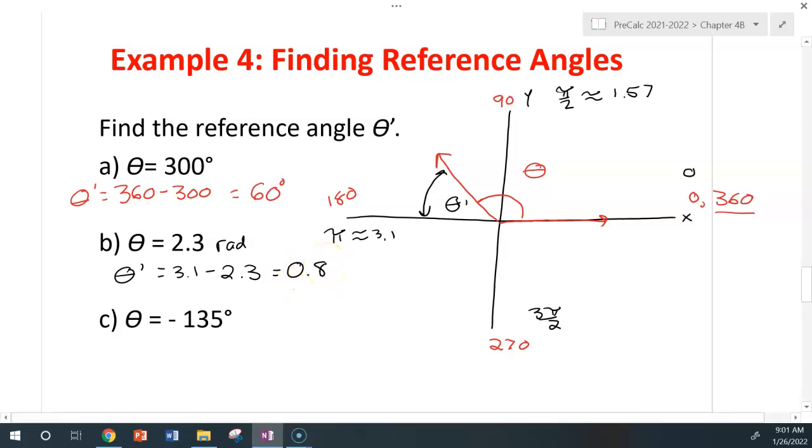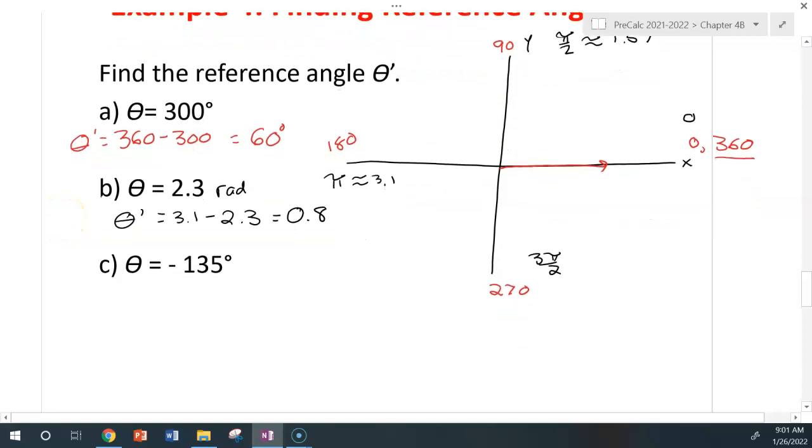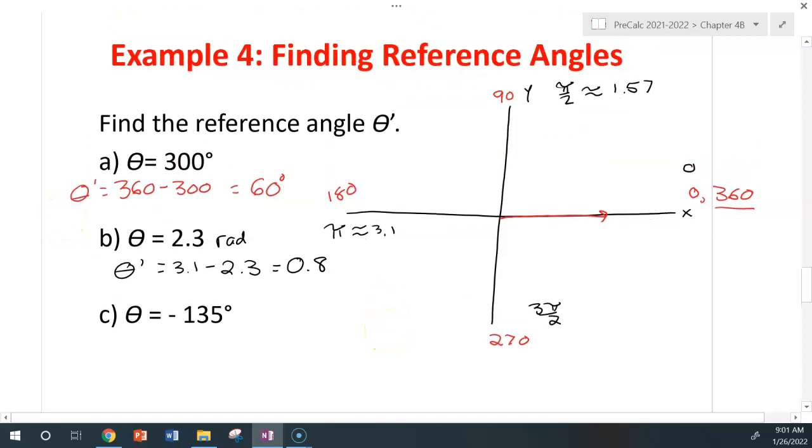Okay. Last one is negative 135 degrees. So let's reset our frame. Negative 135 degrees. Well, I don't have a negative. I'm going to find myself a coterminal angle. And I do that in degrees by adding 360. So that is 225 degrees.